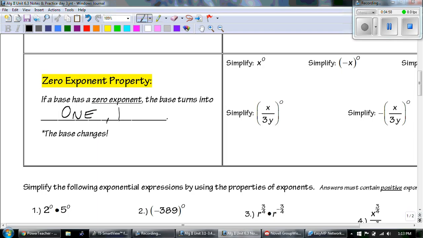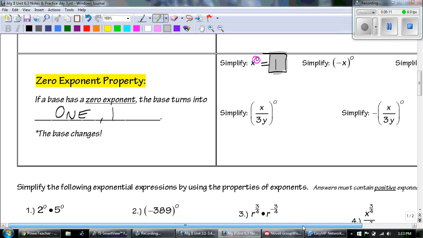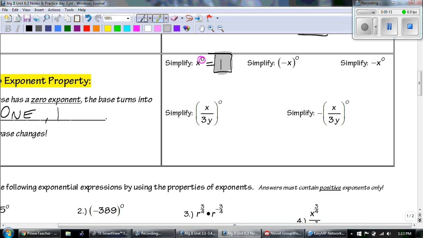So whatever my base is, that's what turns into 1. Okay, even if there's a negative inside, that would turn into 1.